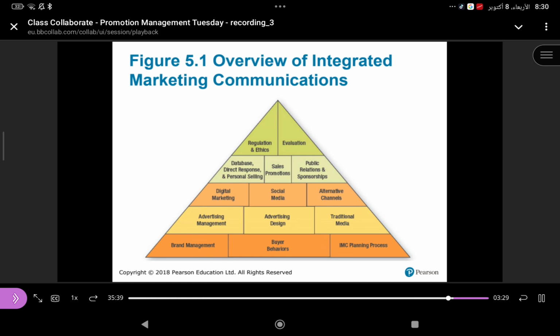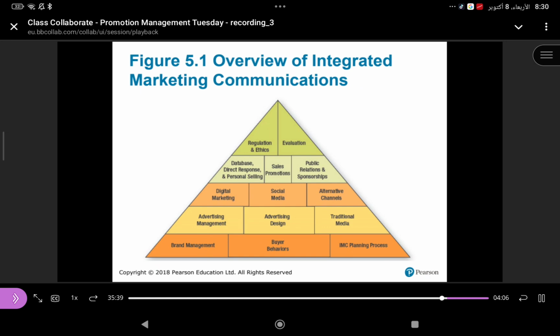For example, there is a new iPhone 17 launch. Now, in the integrated marketing communication, they will try to market it on social media. And this product is also being marketed through various websites. Maybe you are getting promotional messages, direct messages.